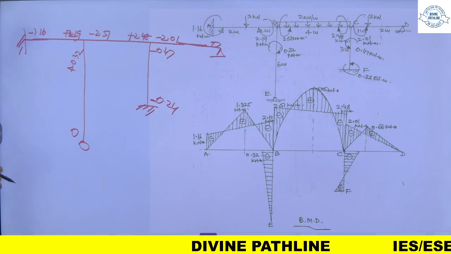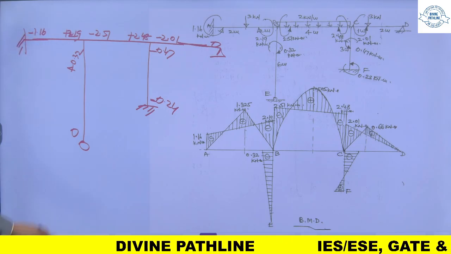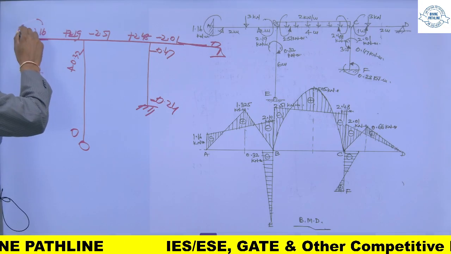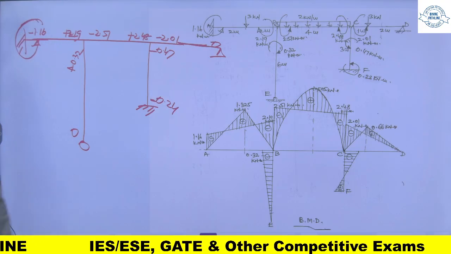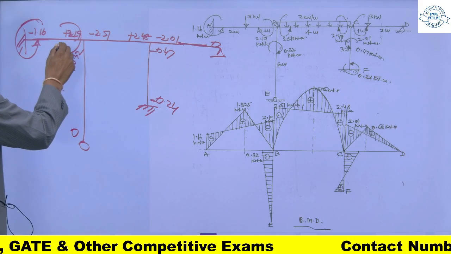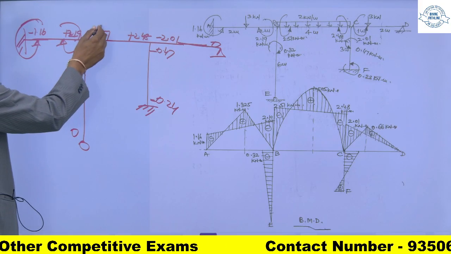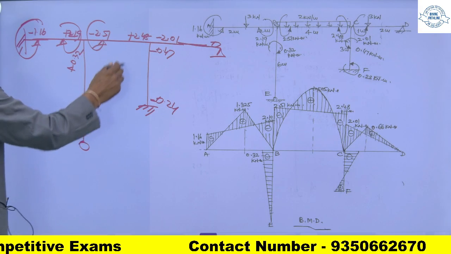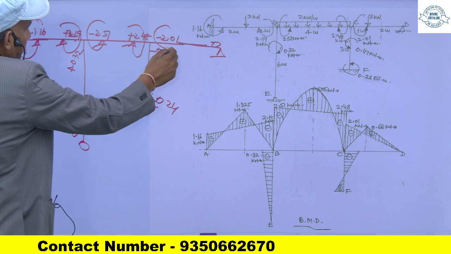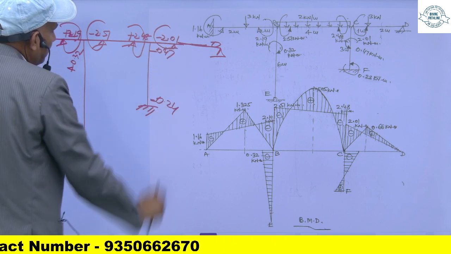Now this minus means anti-clockwise. This plus means clockwise. This is anti-clockwise, means again this is plus. This is anti-clockwise minus 0.201 and this is 0.